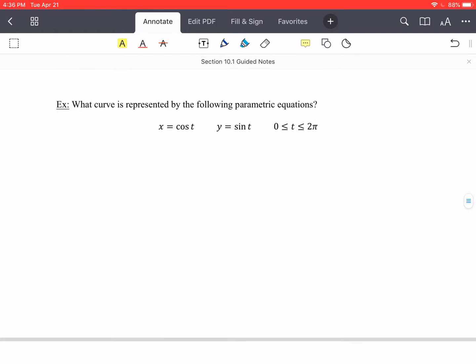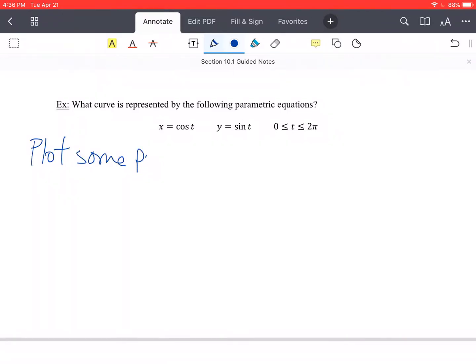So what curve is represented by the following parametric equations? We have x equals cosine t, y equals sine t, and t going from 0 to 2 pi. So if we plot a few points here just to get an idea, let's pick some values that we're okay with on the interval from 0 to 2 pi.